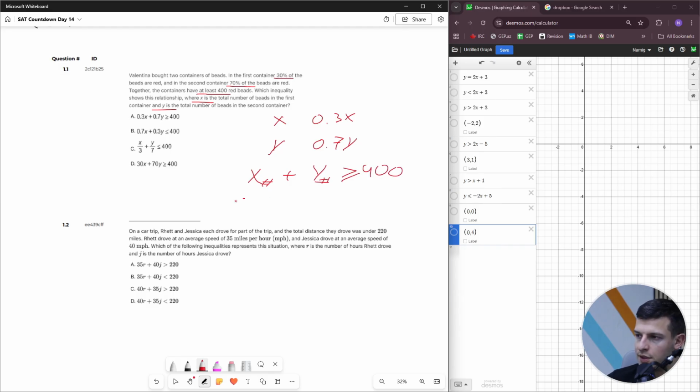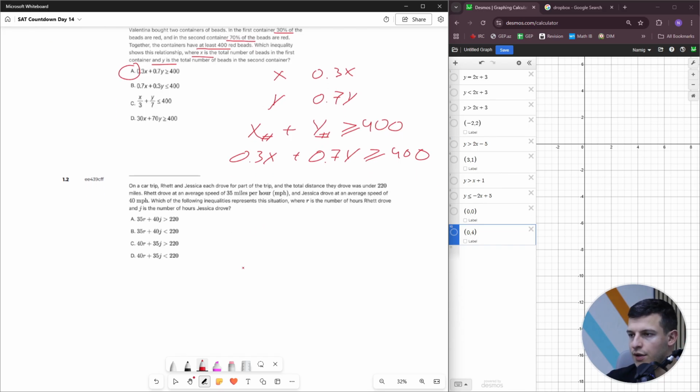Now we can just substitute the stuff we just did. 0.3x plus 0.7y is going to be greater than or equal to 400. Which is it? Yes, it is A. Okay, let's look at the next one.